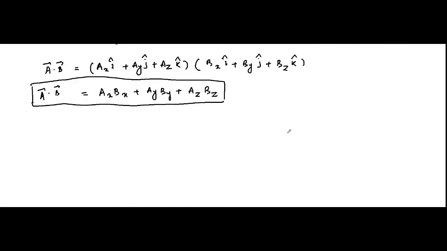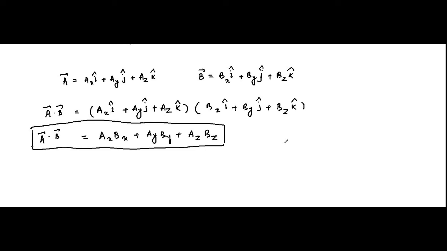Now, if we try to express it in the usual way, that is A vector dot B vector, which is A vector modulus B vector modulus cos theta. So in that case, A vector magnitude, A vector modulus, will be square root of ax square plus ay square plus az square.